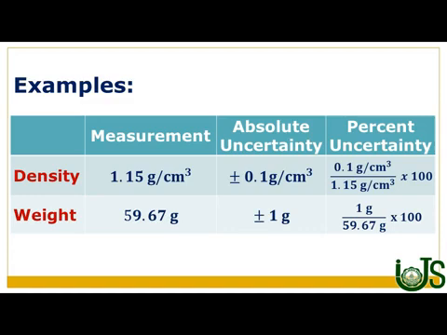Next is the weight. The absolute uncertainty is positive negative 1 gram. Divide it by its measurement, which is 59.67 grams.